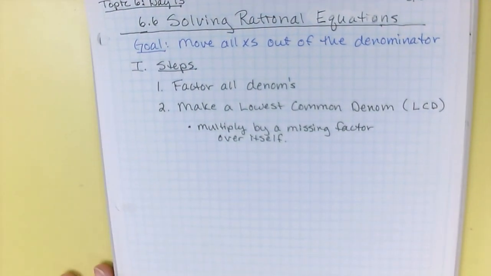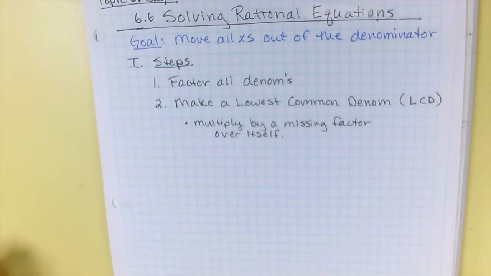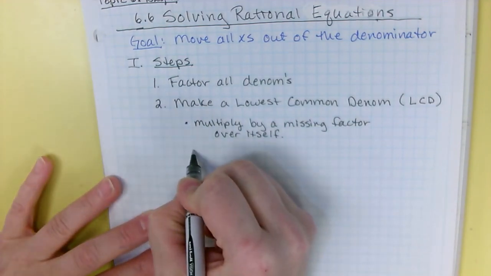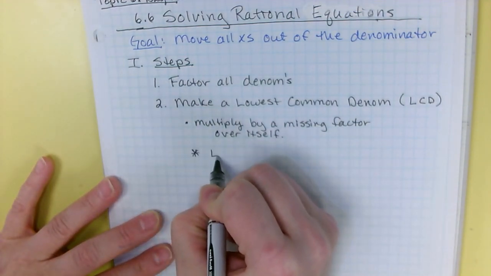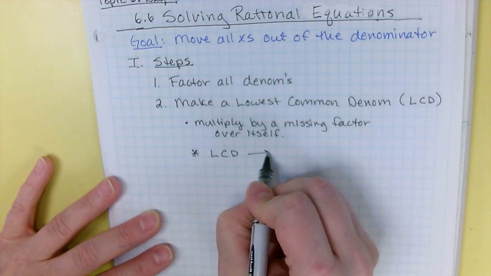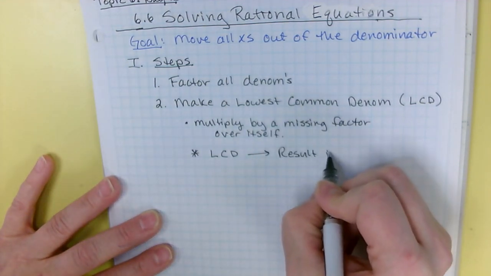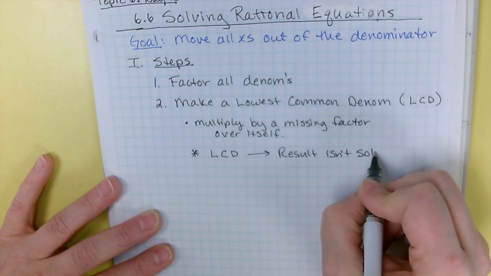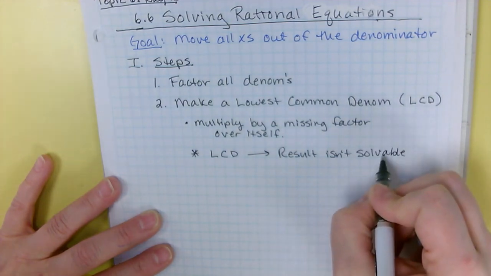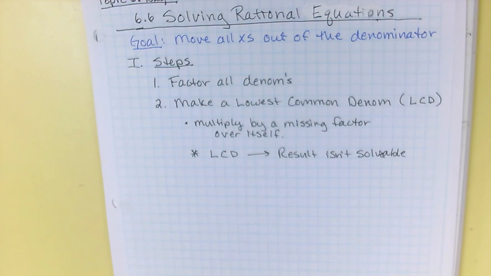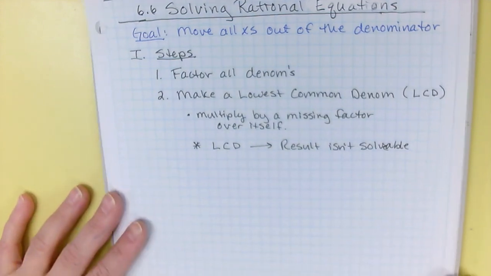Again, we've been doing that. When you add fractions, that's how you get the bottoms to match. You multiply by what it's missing over itself. The only difference is it's going to be across an equal sign, left and right. And again, really important, you need to do the lowest common denominator. If you don't, the result isn't solvable. So you want to go for the lowest possible denominator.